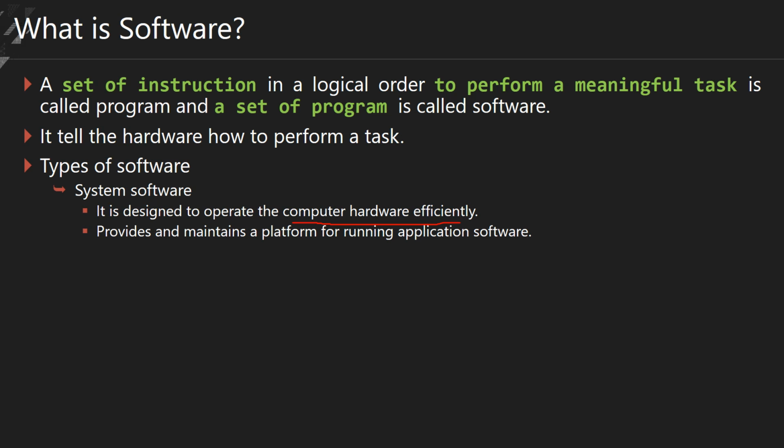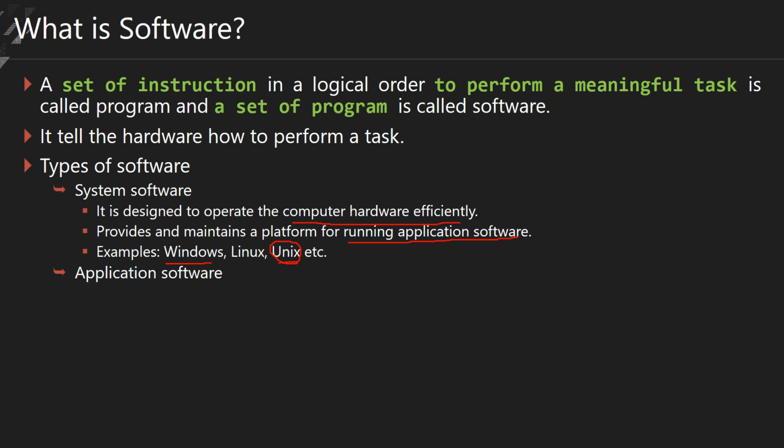It also provides and maintains a platform for running application software, which gives a platform to run your own developed application over the system software, right? The best examples are operating systems like Windows, Linux and Unix, which give us a platform to run our own application built on this system software or operating system.